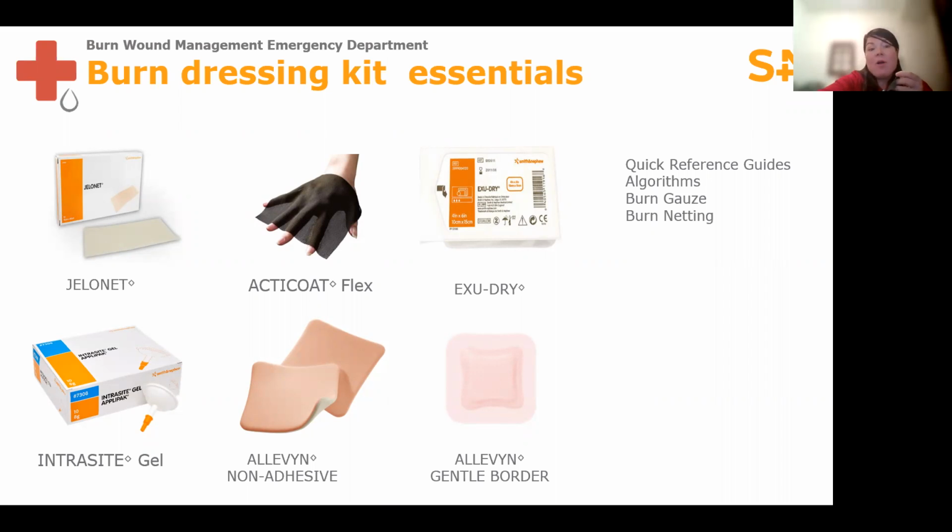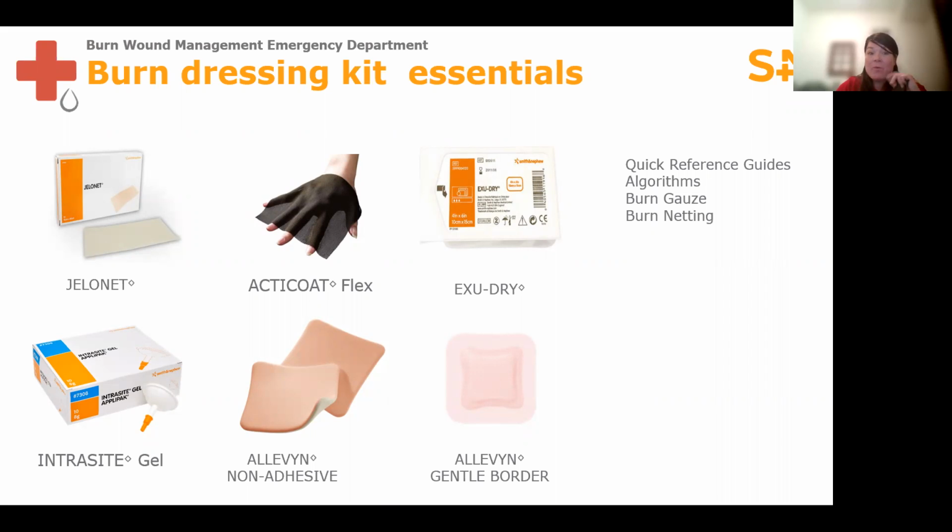But one of the other products that is typically used with Acticoat Flex, as the exudate decreases and as that burn injury moves on to healing, especially when it gets that drier burn injury, is Intrasite gel, which is sterile water hydrogel.